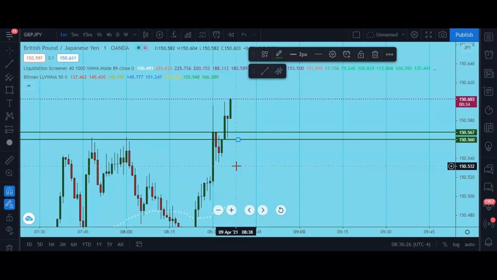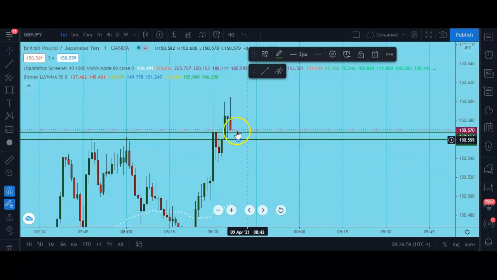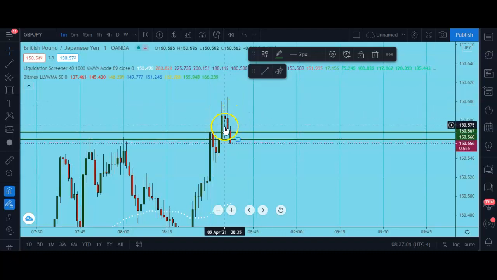But I'm looking for a bearish candle that's going to be volatile on the engulfing side. I'm looking for that to come up. So we got two pin bars, one here and one here. This one carries a lot of weight.